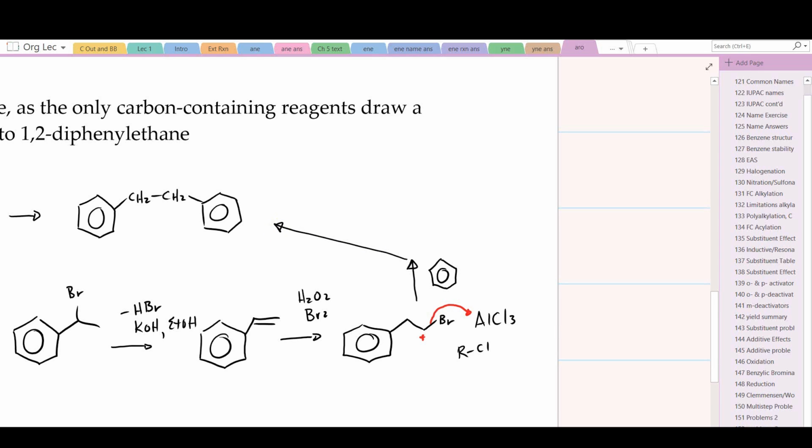But because it's a primary carbocation, we do have a problem. That's going to rearrange by a hydride shift, and we'll get some carbocation here. And so in fact the major product will have this structure.